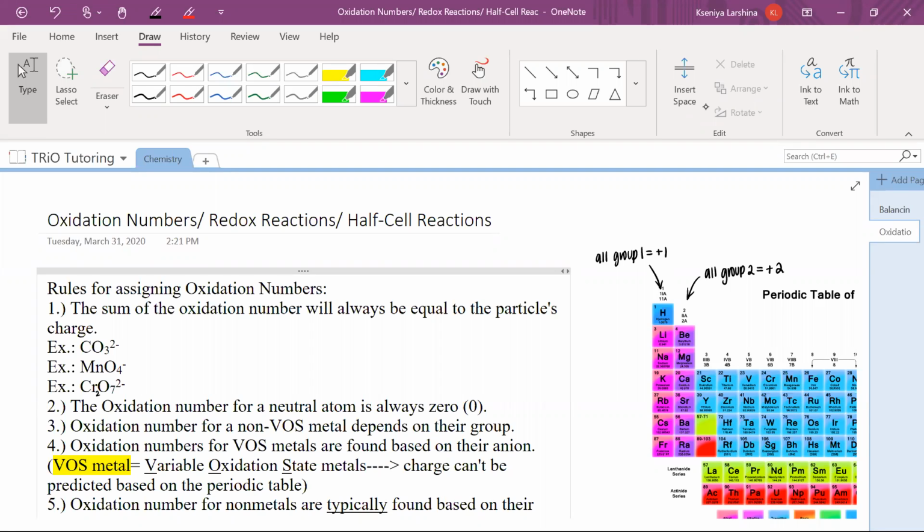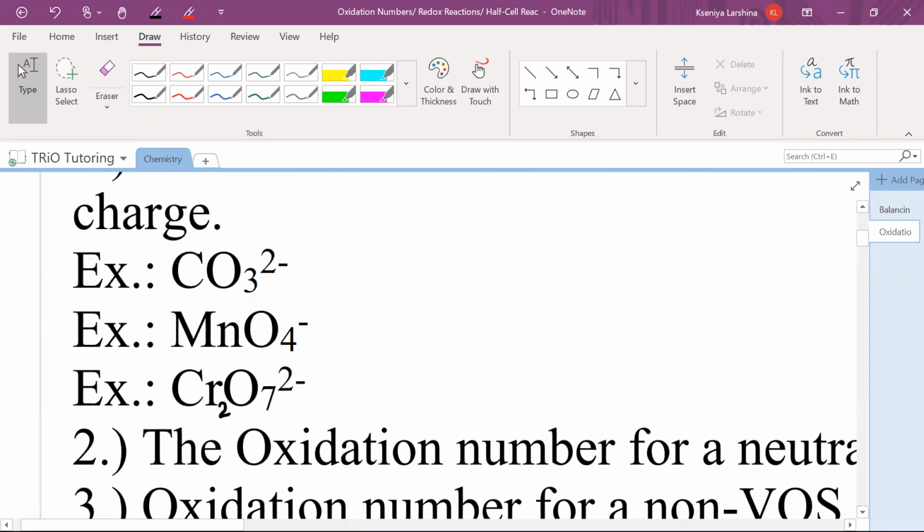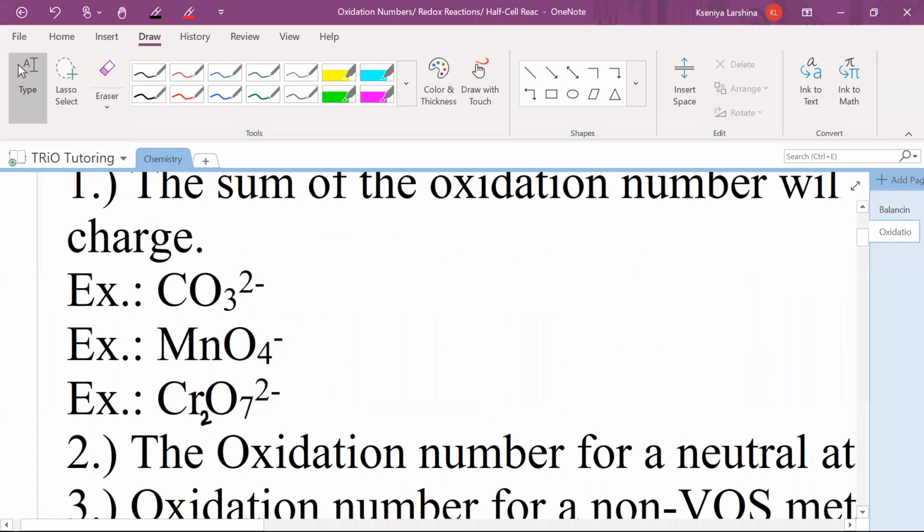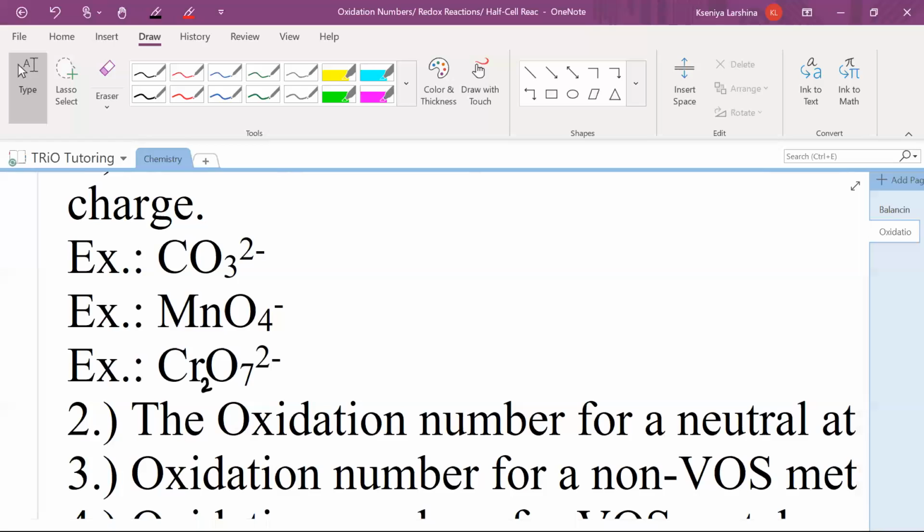For oxidation numbers and the rules for assigning them, the first rule is that the sum of the oxidation numbers will always equal the particle's charge. Take the carbonate polyanion. In all cases for oxidation numbers, oxygen is always -2 unless you're trying to find it.